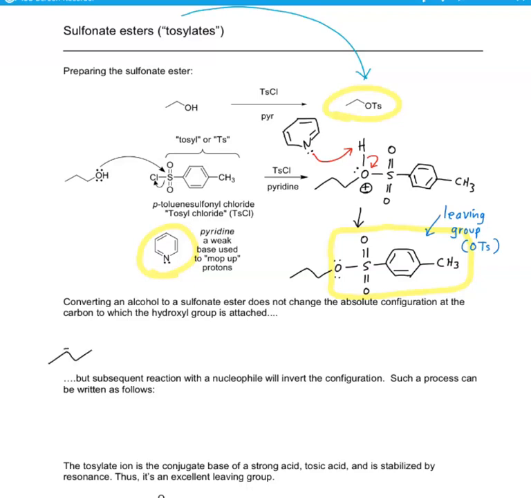Now, a few minutes ago, we looked at a case where we had a chiral alcohol where the OH group was attached to the asymmetric carbon. So if we start with a similar situation and treat it with tosyl chloride and pyridine, notice in the mechanism up above that the carbon that the oxygen is attached to is not involved in the reaction.